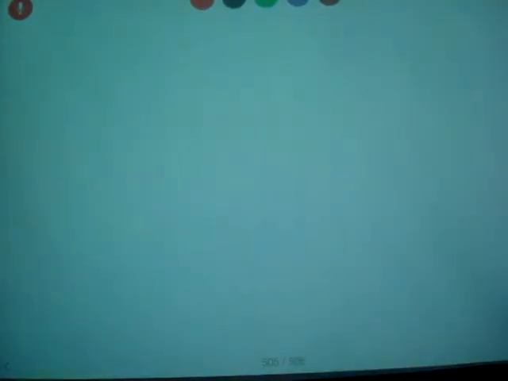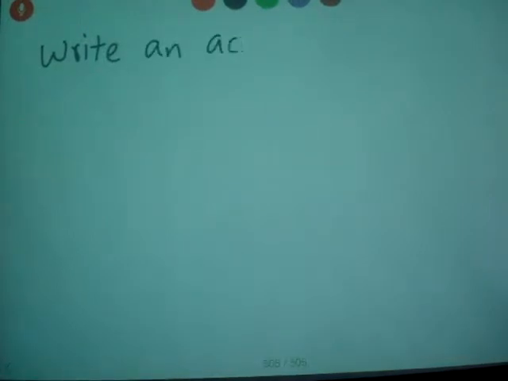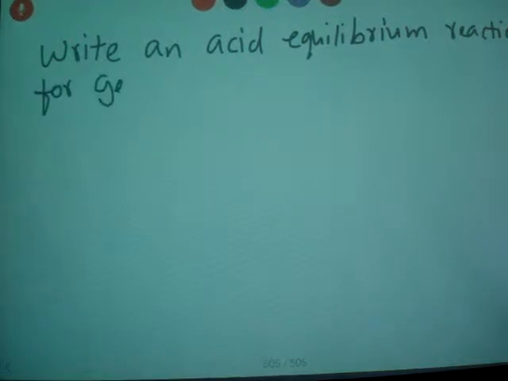So when you write a generic equation for acid equilibrium, let me write an acid equilibrium reaction for generic acid HA.